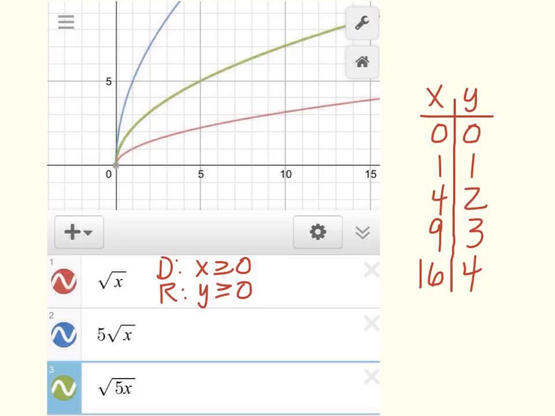If I plugged 1 in for x, I'd get 5, and here's 1, 5. And if I plugged in 5 for x, I'd get square root of 25, which is 5, and here's 5, 5. So the blue one, you can find that point, 1, 5, and this is 5, 5.